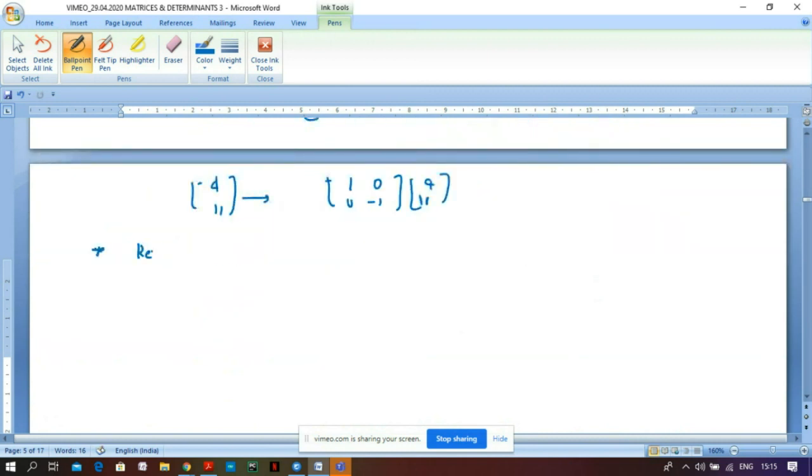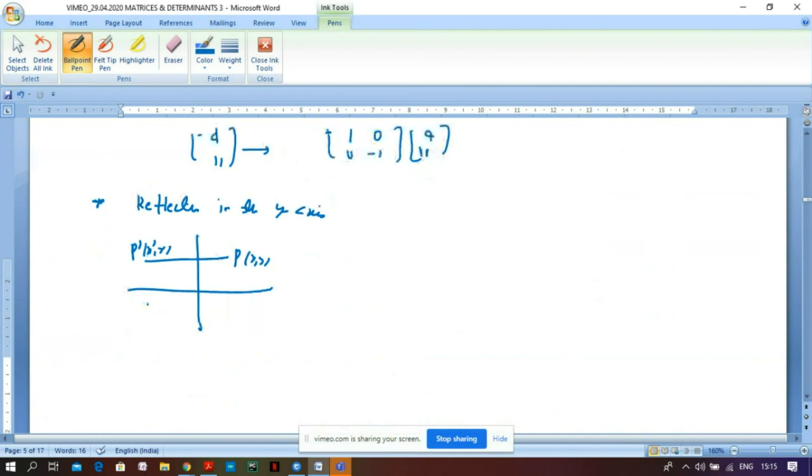We can move on to reflection in the y-axis in a similar way. The diagram is that we have a point P, which is x comma y, and again the usual P prime is x prime, y prime. Because this is reflection in the y-axis, x prime is negative of x and y prime is y.